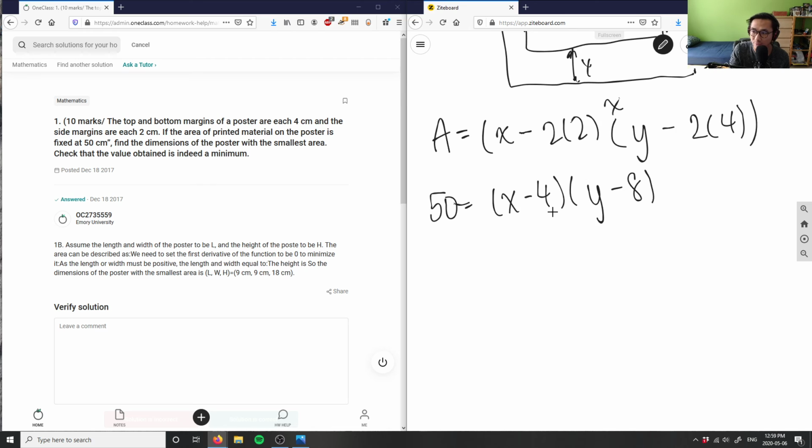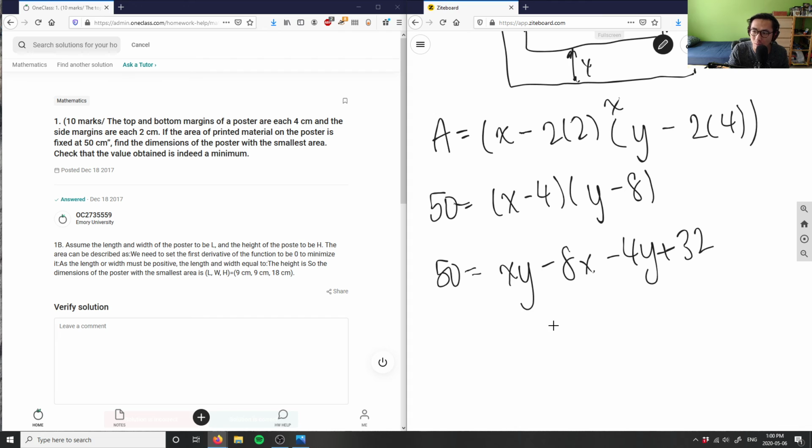So I'm going to isolate one of my variables. I can use the distributive property: X times Y, minus 8X, minus 4Y, plus 32. And then I can isolate for my Y value.